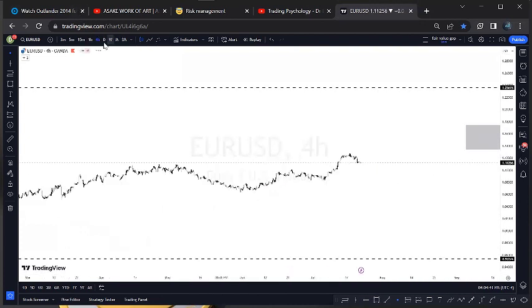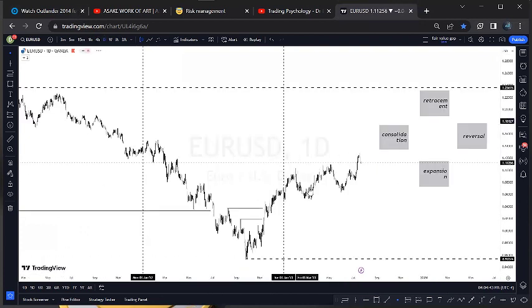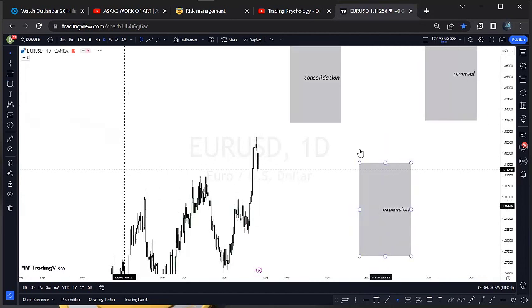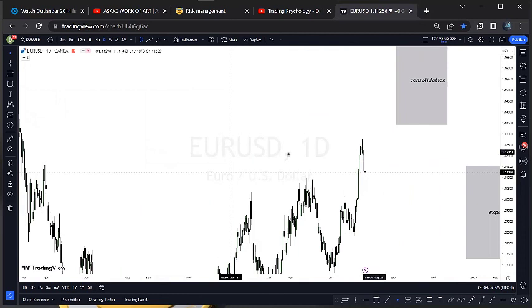So let's say on the daily time frame, inside this range, you have your internal liquidities. Permit me, let's mark the internal liquidities together. Let's use recent price action.